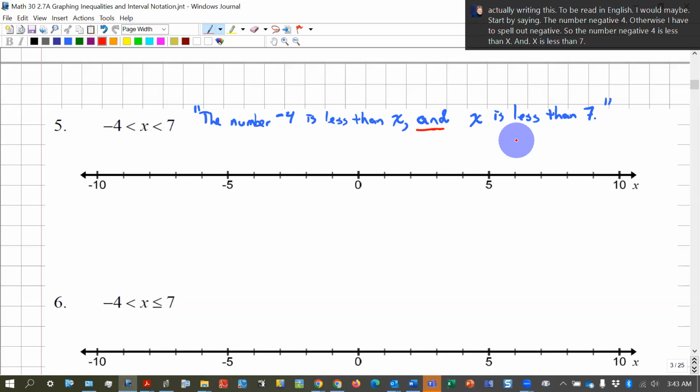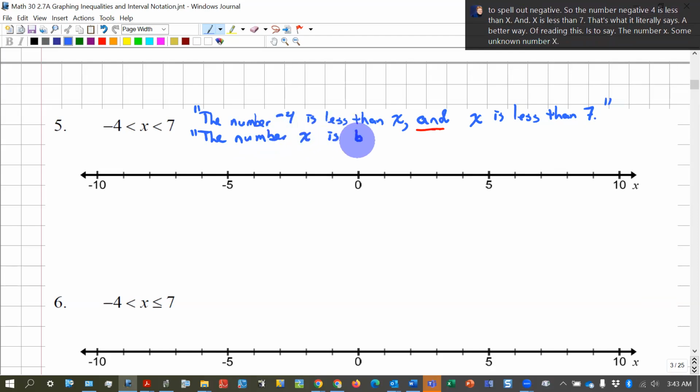That's what it literally says. A better way of reading this is to say the number x, some unknown number x, is between -4 and 7.